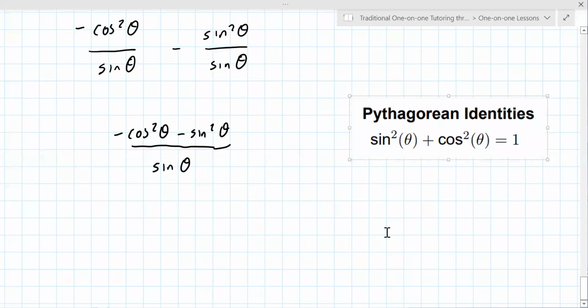It has sine squared and cosine squared. Yeah. Now these are negative though, right? And these aren't negatives. So there's a couple of choices here. The best choice is if you could say, oh, I can factor out a negative from both of the top two. So it becomes cosine squared theta plus sine squared theta.